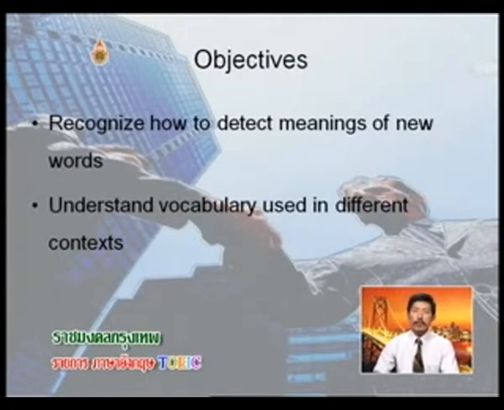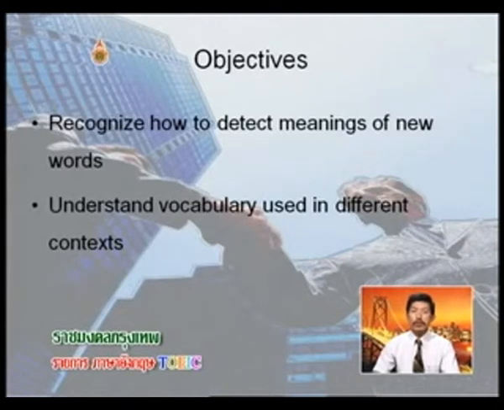As usual, before we begin, we have to introduce you to our objectives of learning for today. Today's program is going to help you learn and recognize the way you can use to detect meanings of some unfamiliar words.